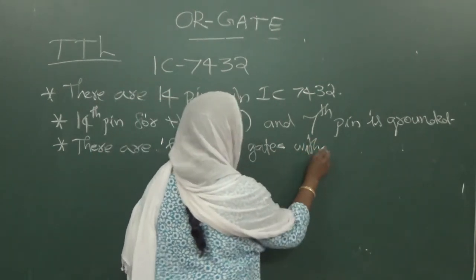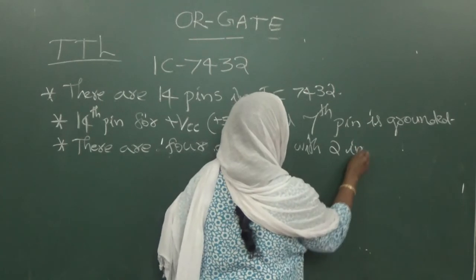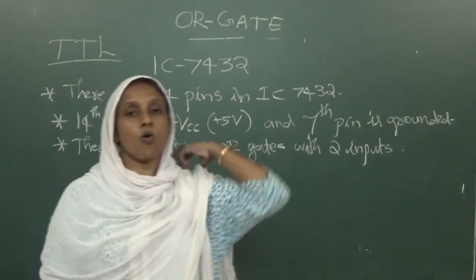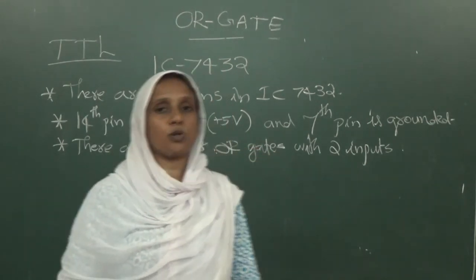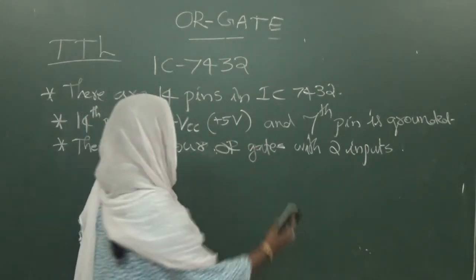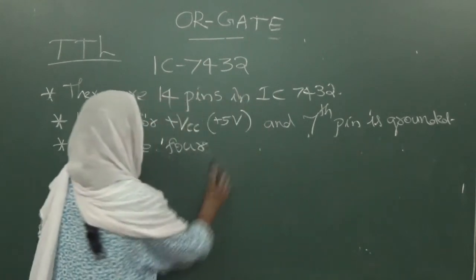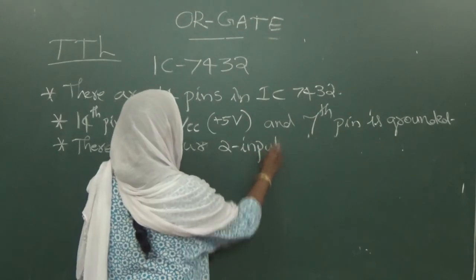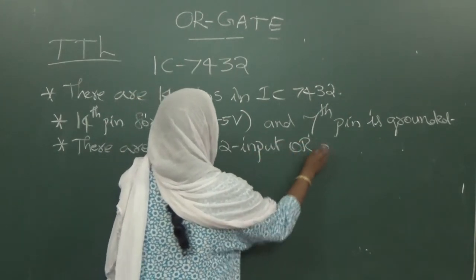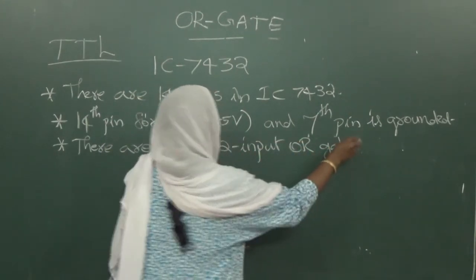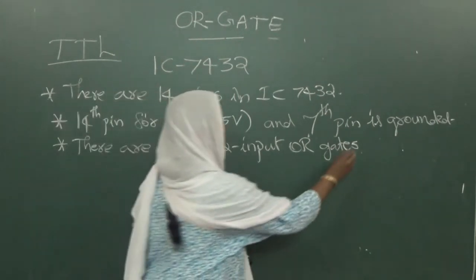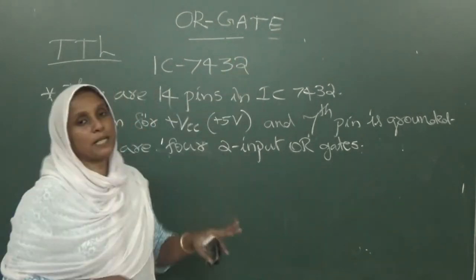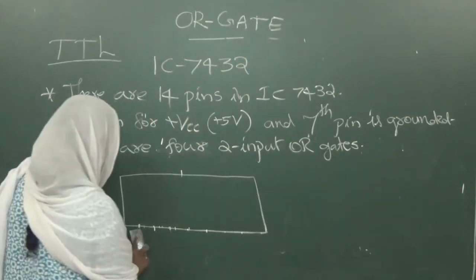Okay, 4 OR gates with 2 inputs. 2 input OR gates. Okay, that's what I mean. 4 2 input OR gates. We can write like this. Now I show you the pin diagram of this.